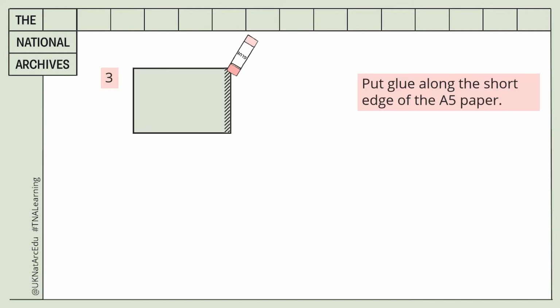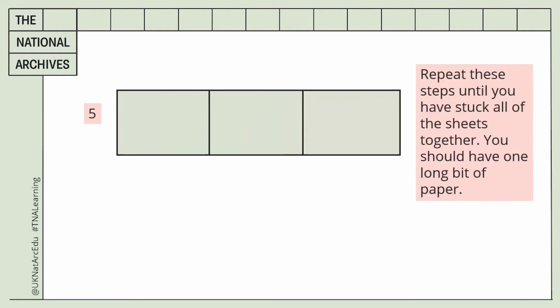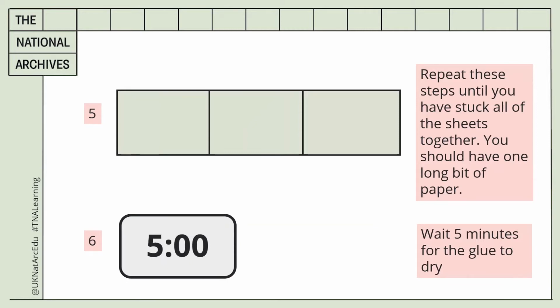Step 3. Put glue along the short edge of the A5 paper. Step 4. Stick the short edge of another A5 sheet to the first sheet. Step 5. Repeat these steps until you have stuck all of the sheets together into one long bit of paper. Step 6.